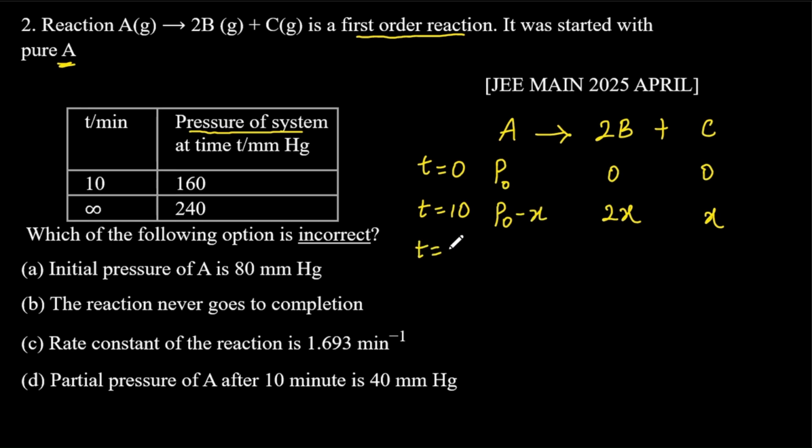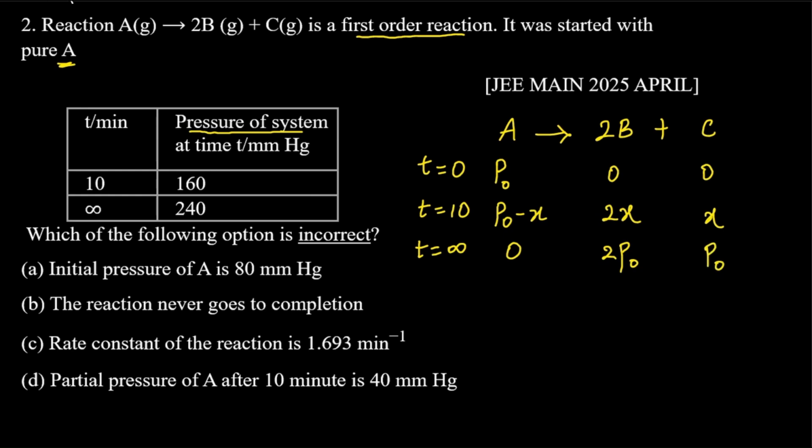Then at time t equal to infinite, the reaction is said to be completed fully. This is a hypothetical condition. So at infinite time, the reactant A is fully converted into the products. So here you have to mention 0, and the partial pressure exerted by the 2B product is 2 P naught, 2 times the initial pressure, and the C is P naught.